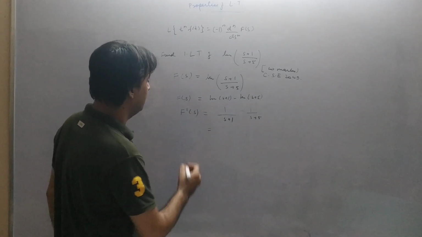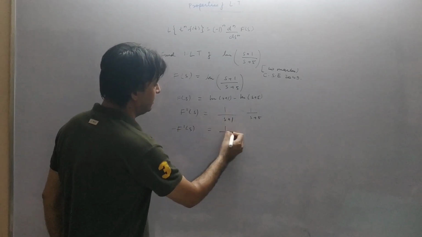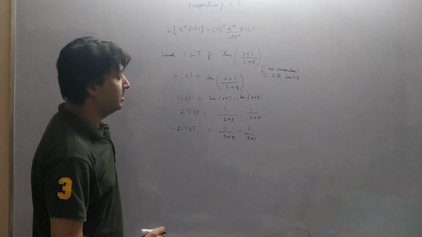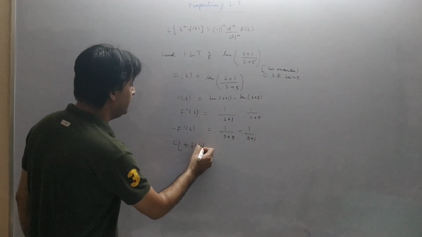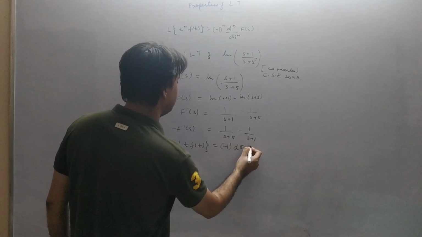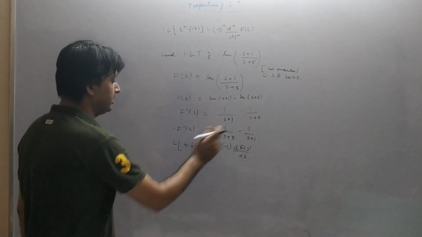So if you put the minus sign here, this is reversed. Now we know that the Laplace transform of t f(t) is equal to minus d F(s) by ds. This is the one.